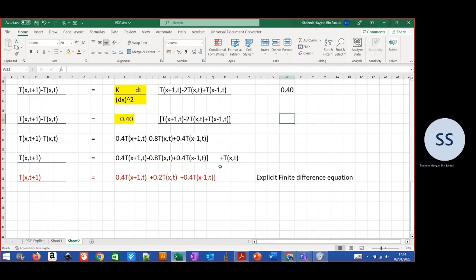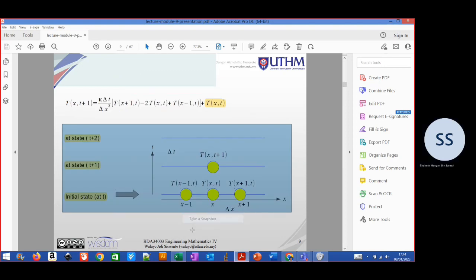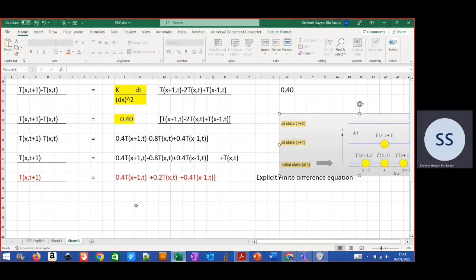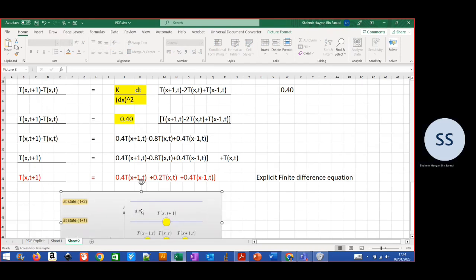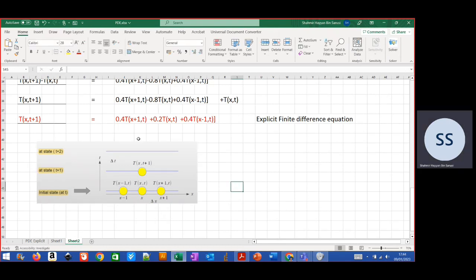If we refer to the computational molecule, this is the computational molecule at state T plus 2, T plus 1, and initial state T. So Tx T plus 1 is equal to 0.4 Tx plus 1 T. Let's say this is top, front, middle, back.